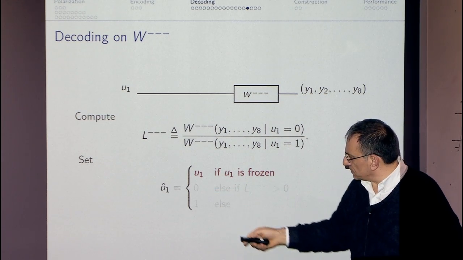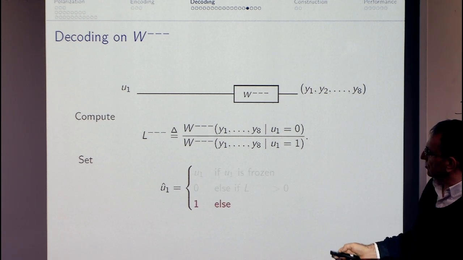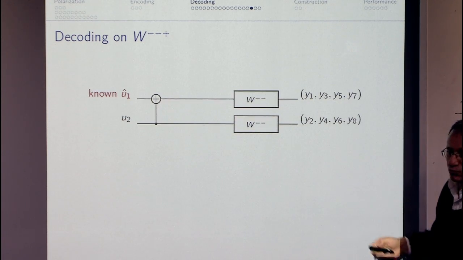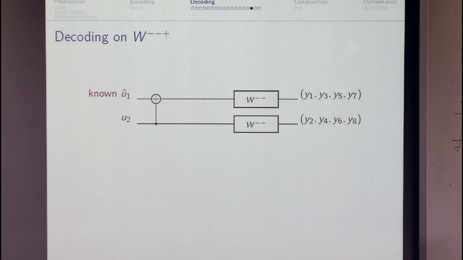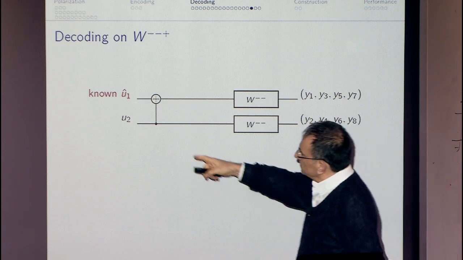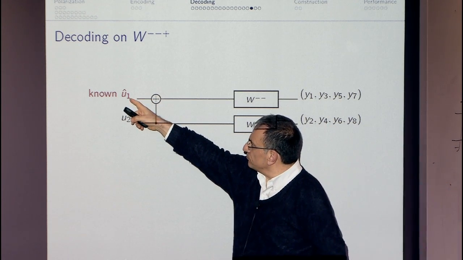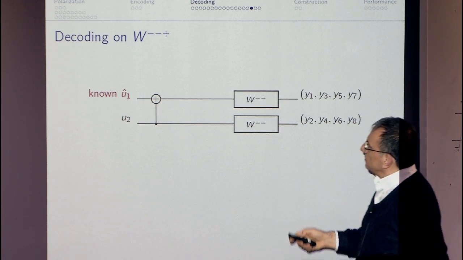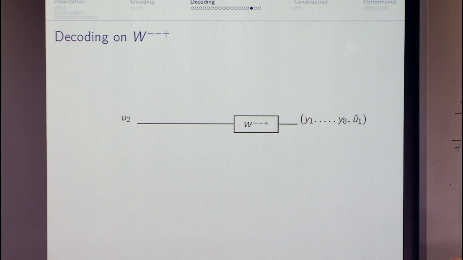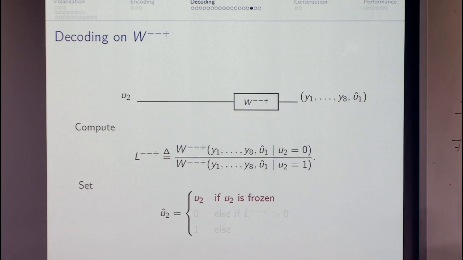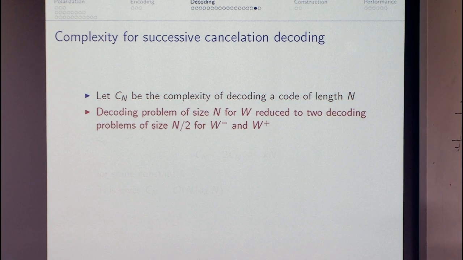If the bit is not frozen, then you decide in accordance with the computed log likelihood ratio. After computing this, we will now compute U2, but now we are going to be assuming that this is correct. So we have this structure here, we compute the log likelihood ratio, and it goes on like that.